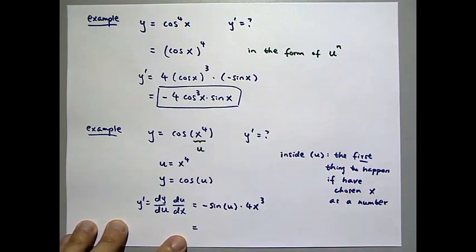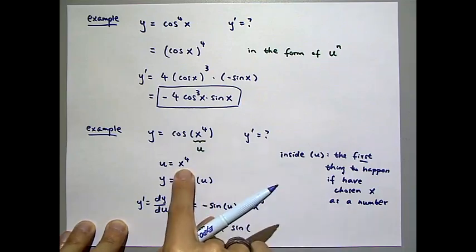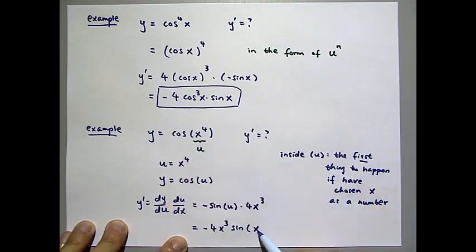Then the last thing you want to do is simply sub in what u is equal to. I'm just going to tweak this a little bit. Let me put this in front. I'll write it as minus 4x cubed times sine of u, where u is x to the fourth.